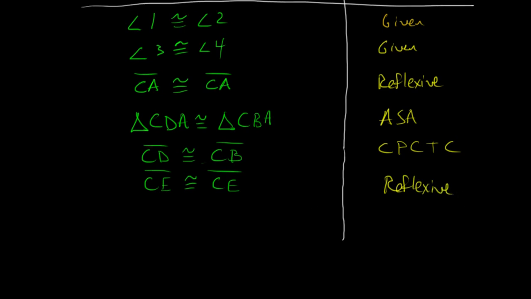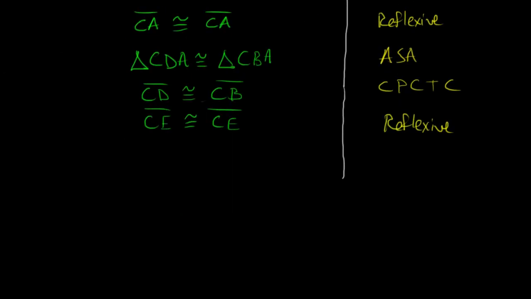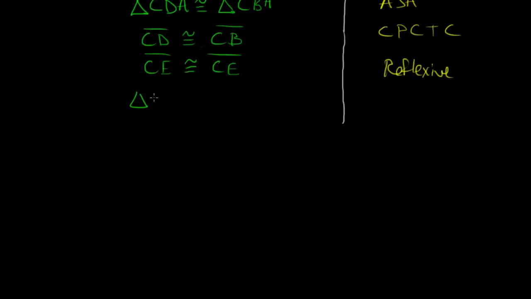And lastly, now that I have three pieces of information that are sufficient to prove these triangles congruent, I believe I can conclude that triangle BCE is congruent to triangle DCE. And the reason that's true is not CPCTC.